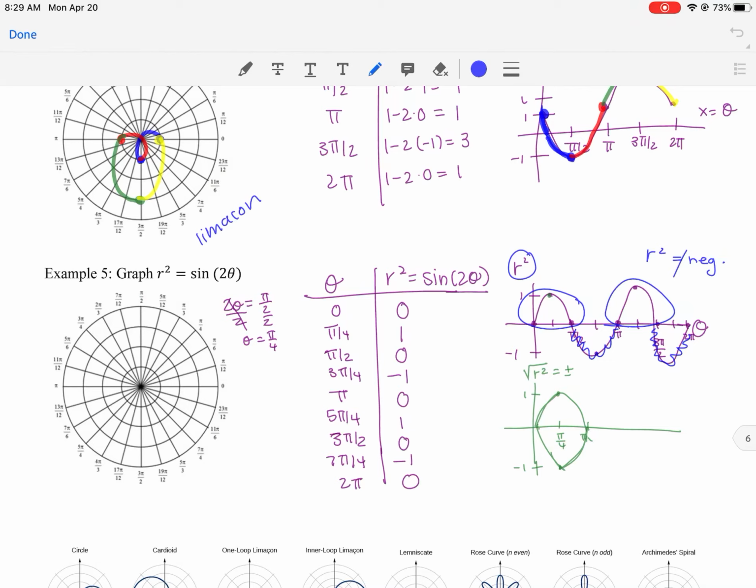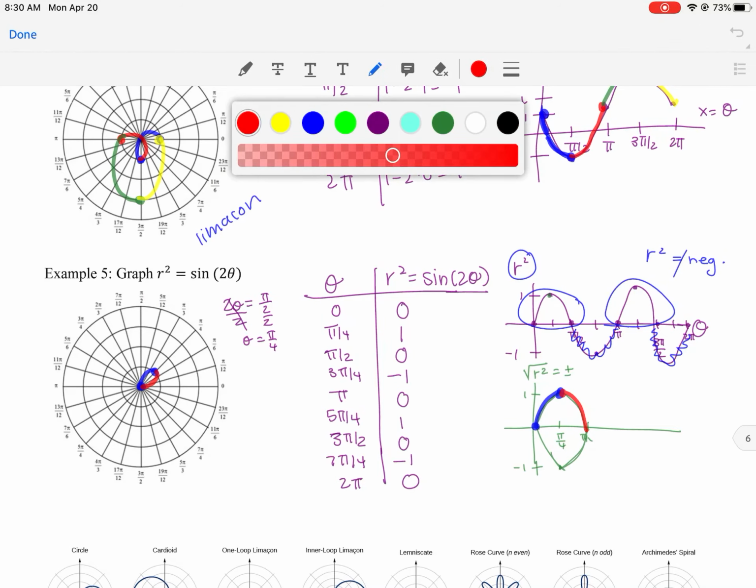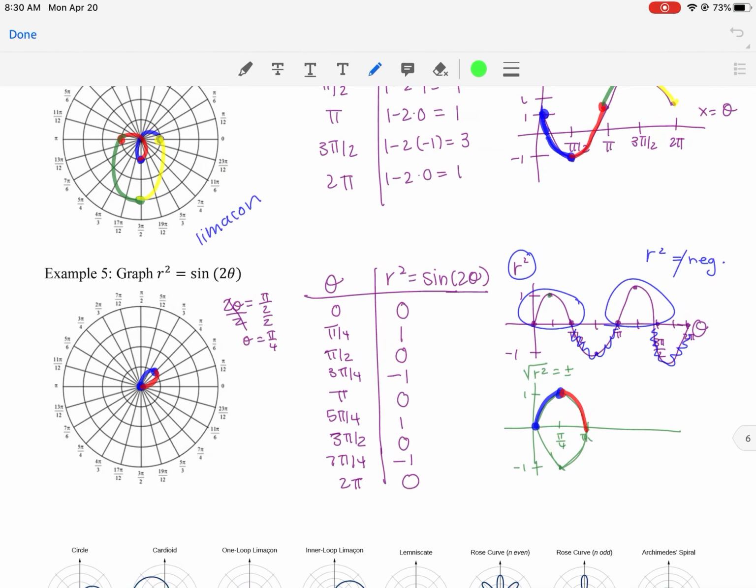So let's just think about what that looks like on the graph. So we started at 0, 0. This one on the top goes to positive 1, we're up at pi fourths, so we're here. And it's approaching getting larger. And then if I think about that same part of the top, it then takes that part and goes back to 0, or sorry, I should say pi halves. 0 as the radius, pi halves as your theta.